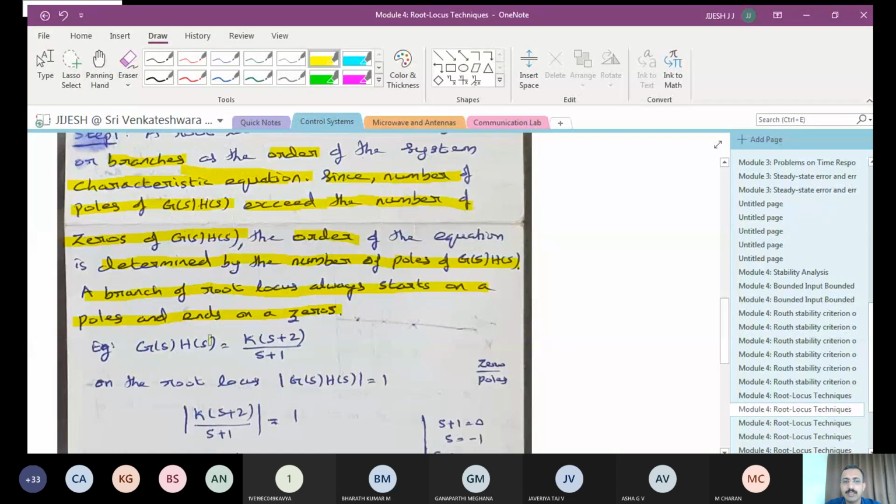Now we are going to see an example, taking the characteristic equation G(s)H(s) equal to k into (s plus 2) divided by (s plus 1). So before that, make a note of these points.